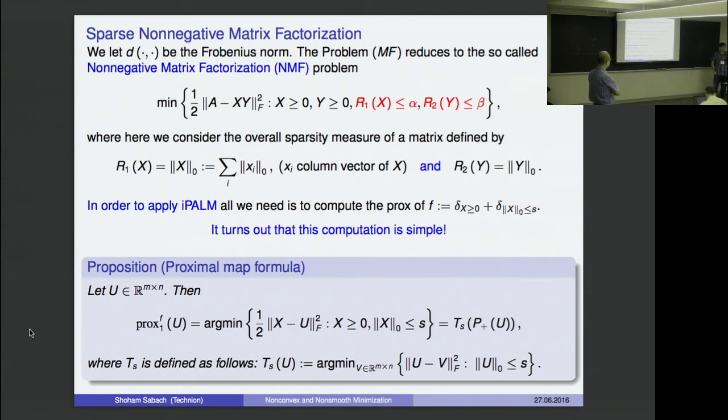I'm not dealing exactly with phase recognition. It's just an application, but it's a very classical application of non-negative matrix factorization. I guess there is a reason, but I don't want to say something that is wrong.